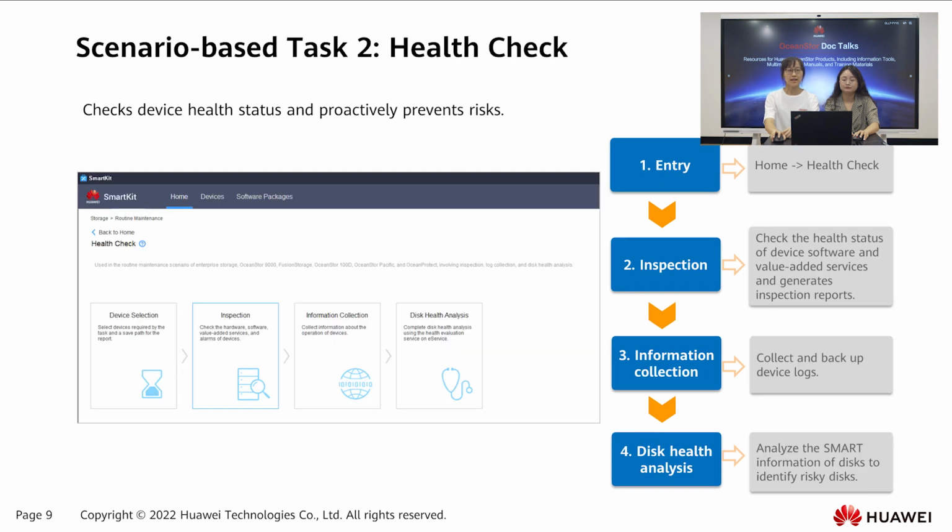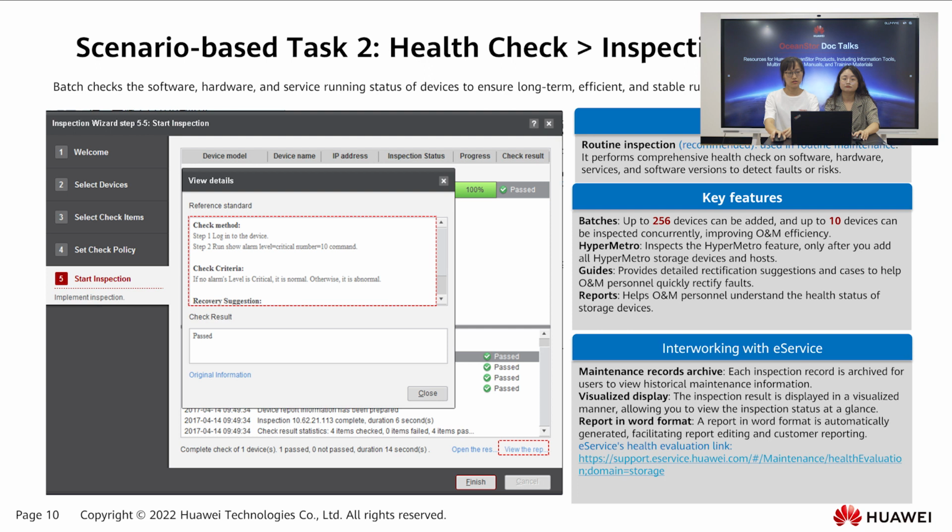Next, let's introduce the health check, a common scenario. It is mainly used for a routine device check to determine potential running risks. We will discuss how to use the tool and its related capabilities. The device check is implemented through inspection.